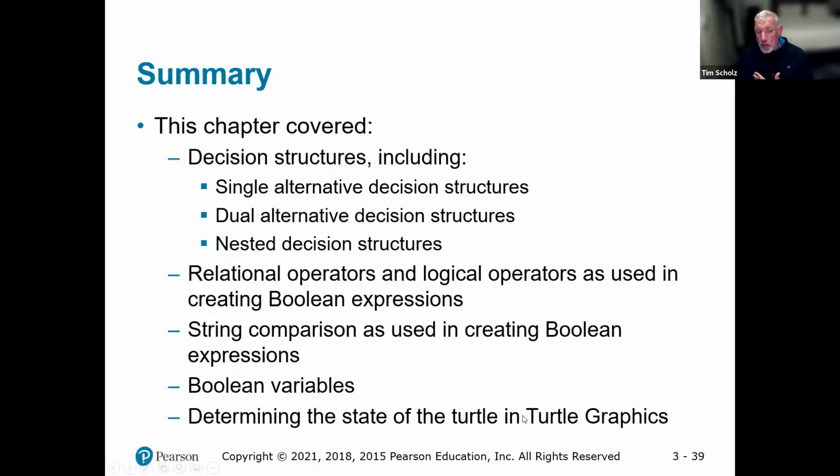We talked about our relational operators: greater than, less than, greater than or equal to, less than or equal to, not equal to, and our logical operators, and, or, and not, and how you can combine those all together to create Boolean expressions. We also talked about how string comparisons work.